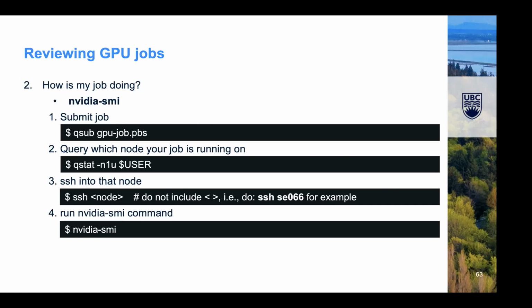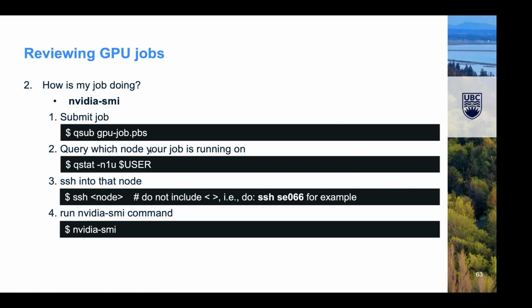So this is just a key value pair. User is a key that stores your CWL's value. To call that, I put the $ in front of user. So $user equals my CWL. Similarly, I can do qstat -n1u my CWL, which you'll see shortly.